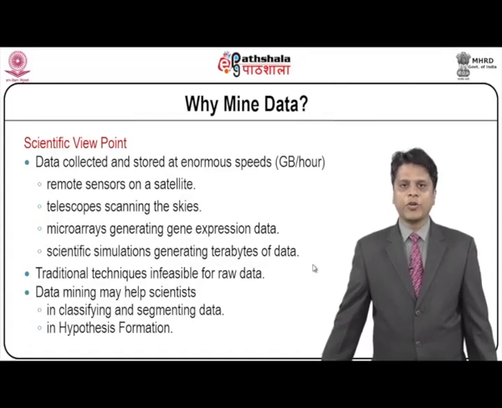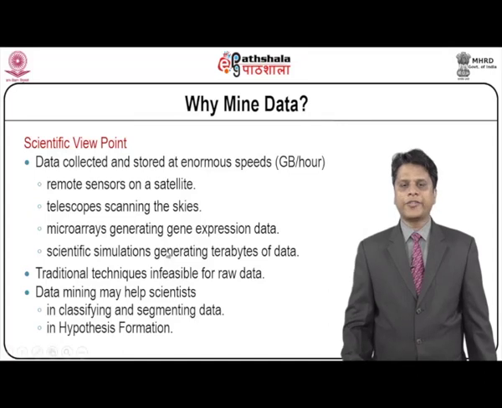So the scientific viewpoint gives us details of multiple instances, like say data collected and stored at enormous speeds, say several GB of data per hour, from remote sensors on a satellite, from telescopes scanning the skies, microarrays generating gene expression data, scientific simulations generating terabytes of data.